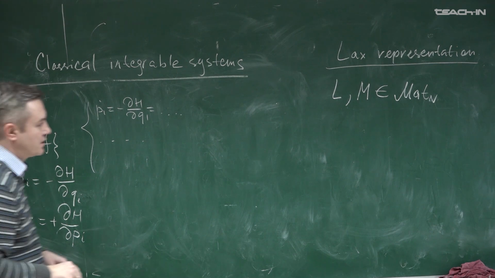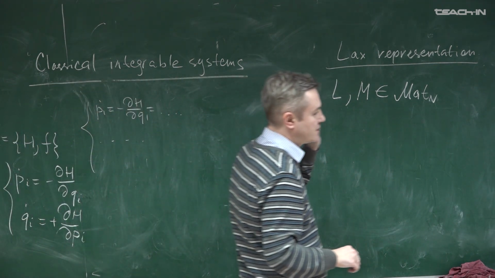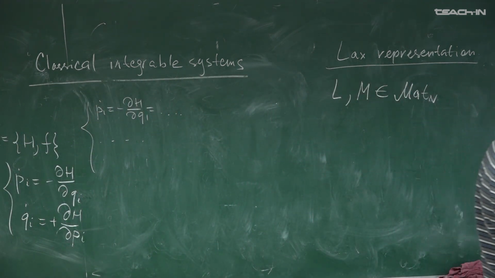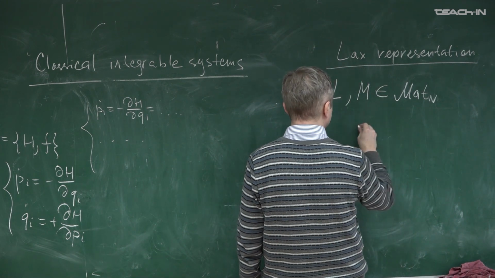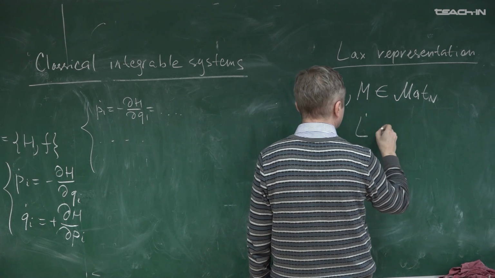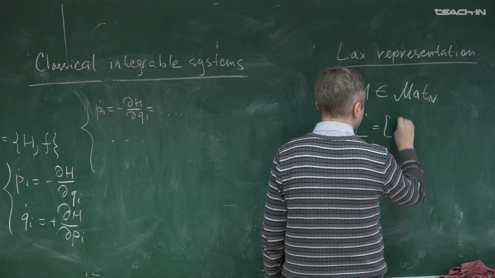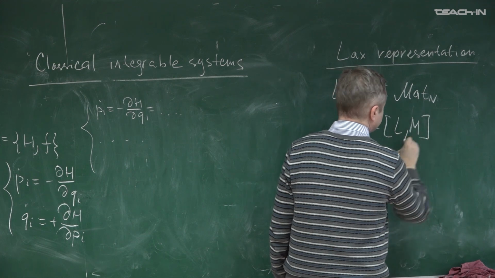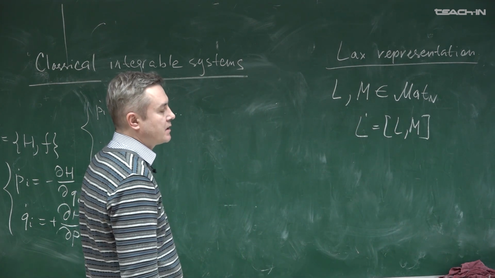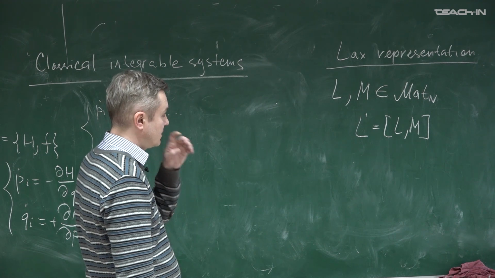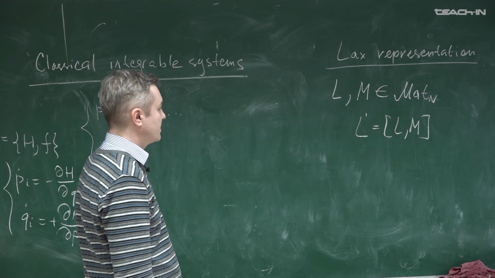But just for simplicity and just to begin with, let us think that the size of matrix exactly corresponds to the number of degrees of freedom. And suppose that equations of motion are written in the following form: L dot is equal to commutator of L and M, where L and M are matrix valued functions on the phase space.